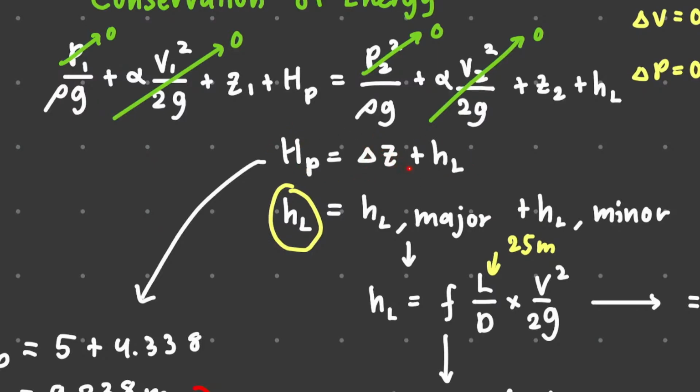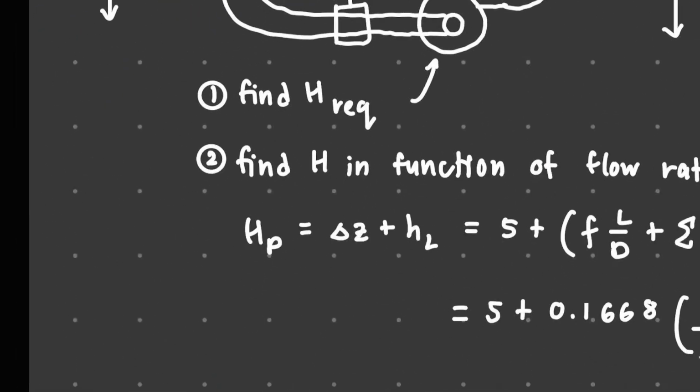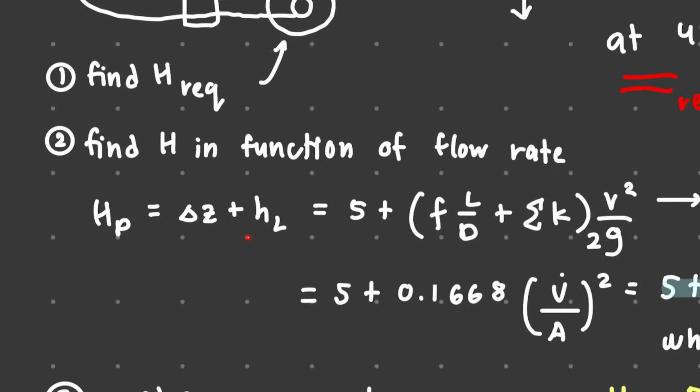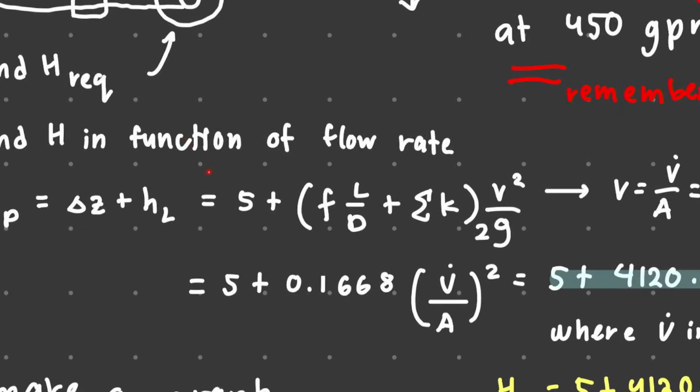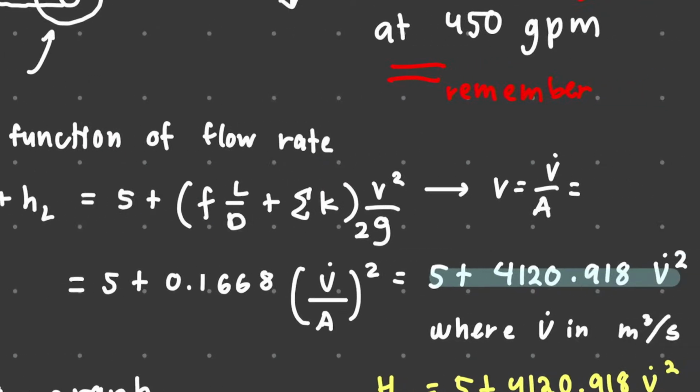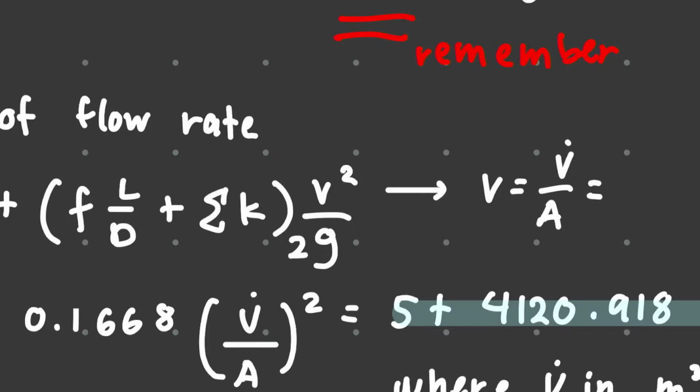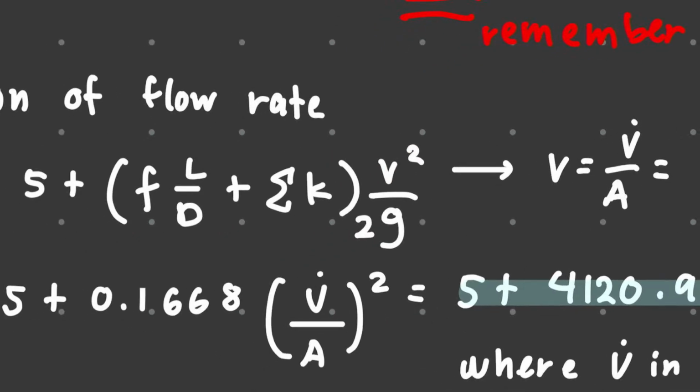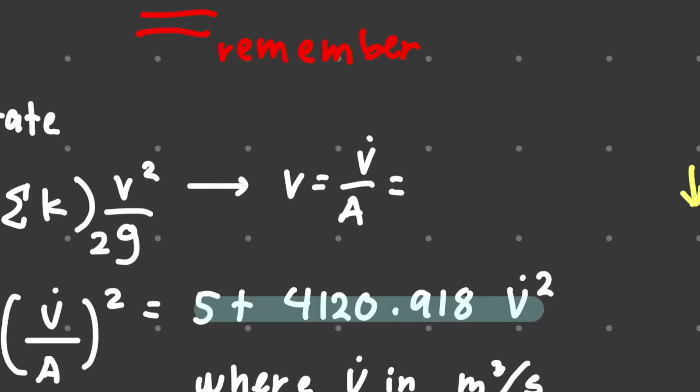HP equals delta Z plus HL. We plug in delta Z 5. We plug in the HL, but this time the velocity we leave out, because the velocity is directly proportional to the flow rate. This is flow rate.